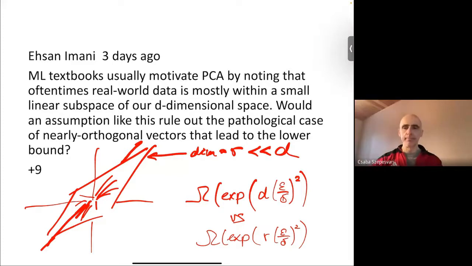Yeah. I mean, the result is worst case, right? This lower bound. So if you have some extra conditions like what you are talking about here, then definitely the lower bound can be avoided.